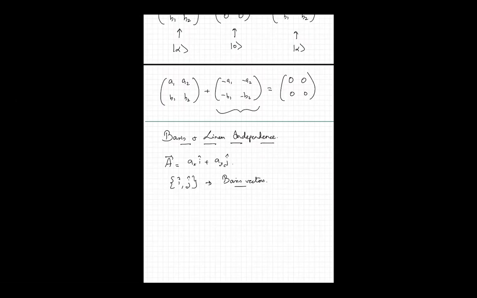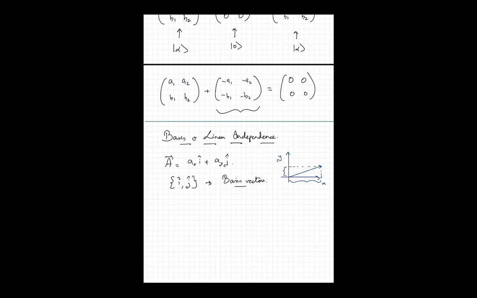So suppose I have any vector that lives in this two-dimensional vector space, something like this. It can be thought of as this much along the x-axis, plus this much along the y-axis.